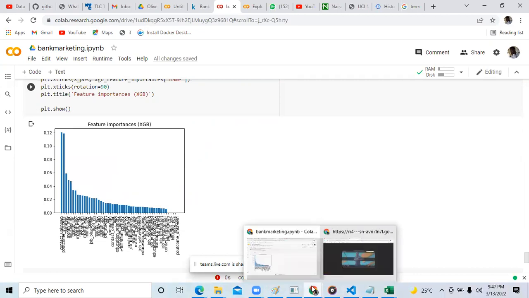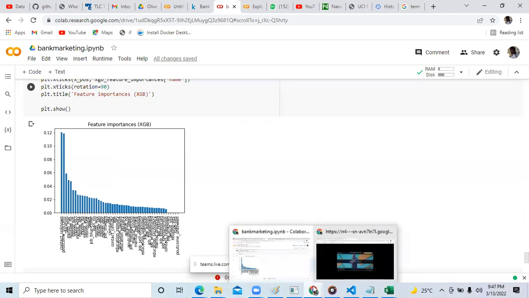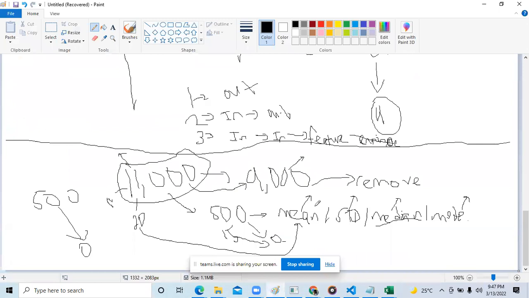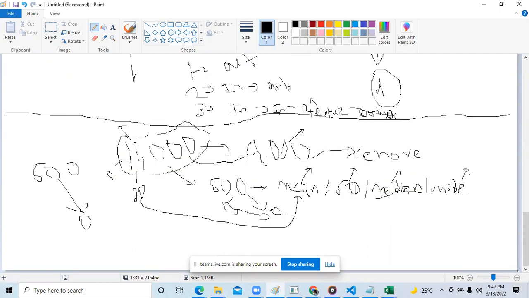It depends on the importance of that feature to the project you're carrying out. That's what will decide what you should do with missing values. You don't just treat missing values anyhow; everything depends on context. Does that make sense? Okay, good.